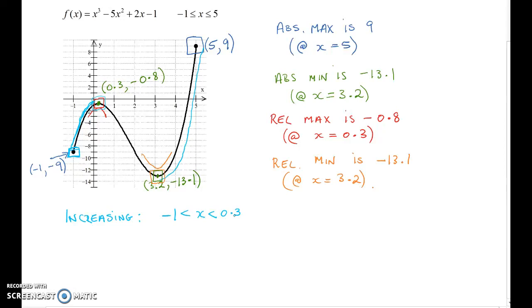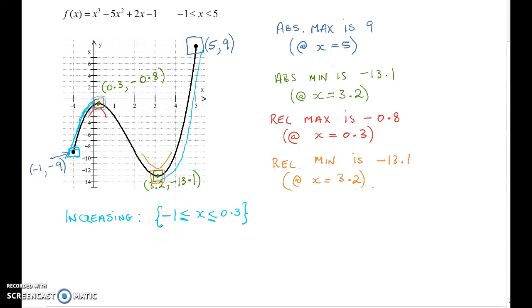Now, if you wish, you can use less than or equal to signs here. We tend not to use greater than, but we can use either less than or greater than. And that's because of disagreements among mathematicians over the definition of increasing and decreasing. Seem like simple words, but they have very precise definitions, and mathematicians aren't agreed on those definitions. So you have an option when you're writing about increasing or decreasing as to whether to use less than or equal. So that's one region of the graph where the function is increasing.